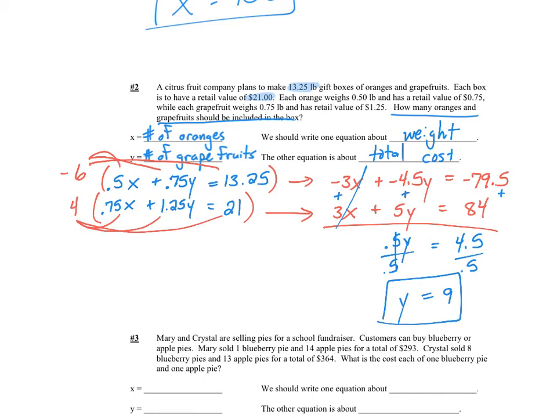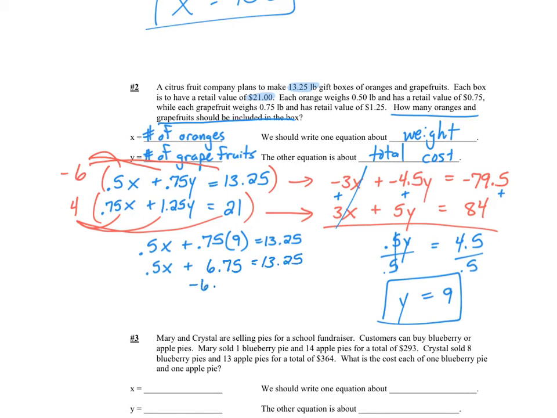Now, take one of the equations. I'm going to take the 0.5x equation, and we're going to substitute in 9 for the y value. So we get 0.5x plus 0.75 times 9 equals 13.25. So 0.5x plus 6.75 equals 13.25.